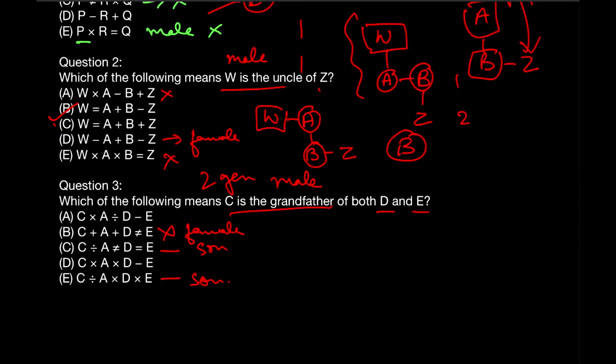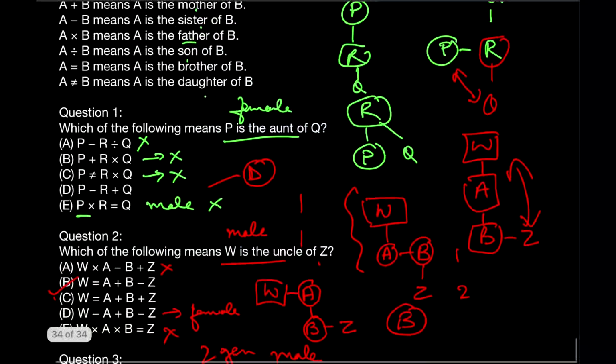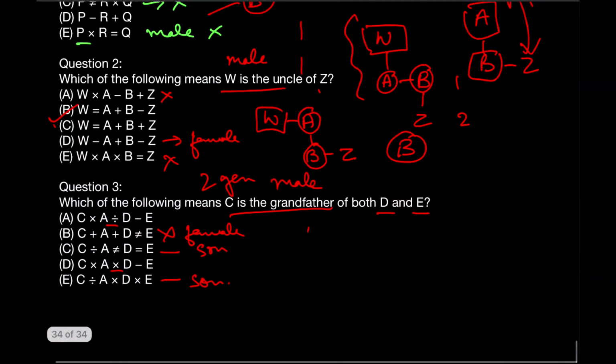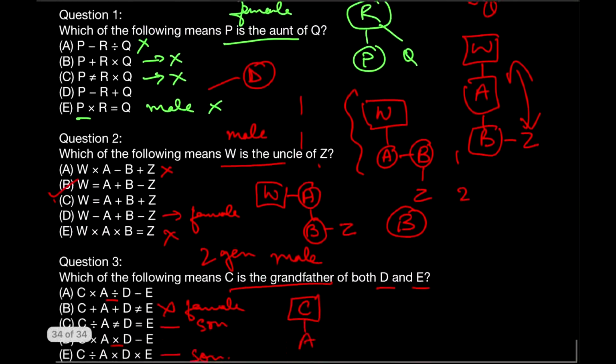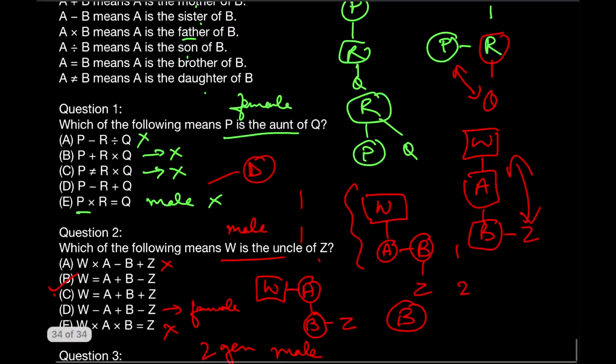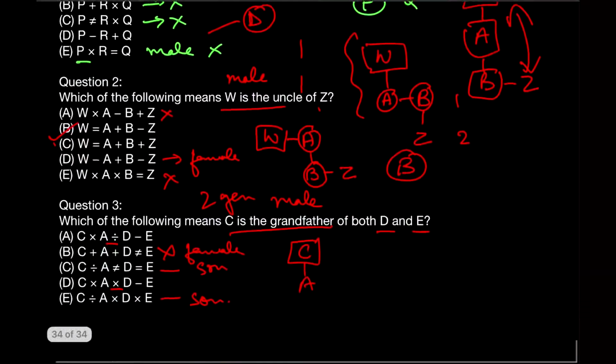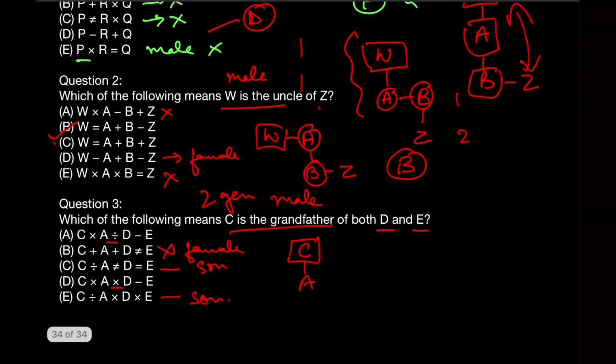So now let's try out both the options, because they differ very slightly. As you see, A divided by D and A into D is the only difference we have. So let us check out both the options. C into A means C is the father of A. Well, fine, C is the father of A. A divided by D means A is the son of D. Now see, this means that we have another pair of D, and D can be a female, because we already know that A is the son of C, right?